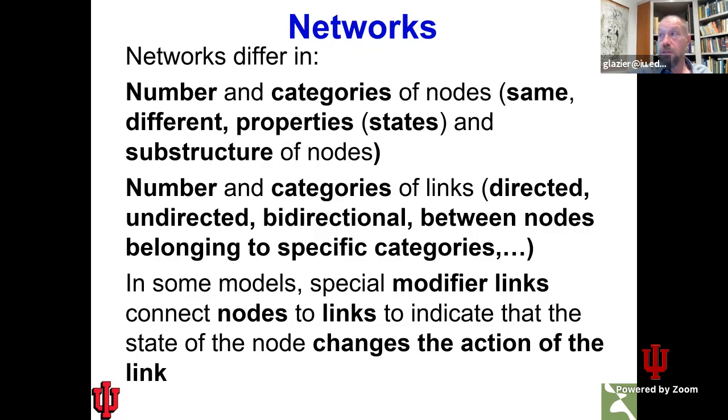The number and categories of links are also going to be different. In biology models, typically you have at least two classes of nodes and at least two classes of links. The links represent chemical transformation. Molecule A turns into molecule B. And regulation. Molecule A changes the rate at which something happens, but isn't used up in the process.